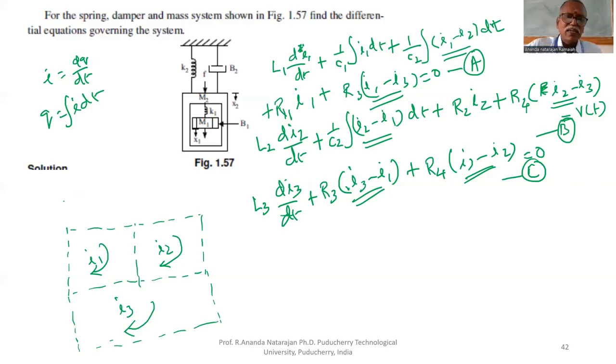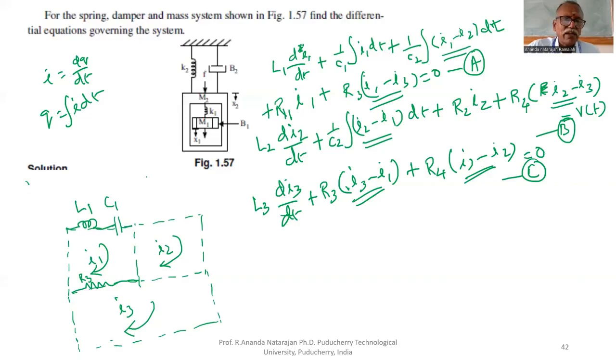So L1 is in the first loop only. Therefore, we can draw L1 here in the first loop only. R3 is between I1 and I3. R3 is here. C1 is in I1 only.